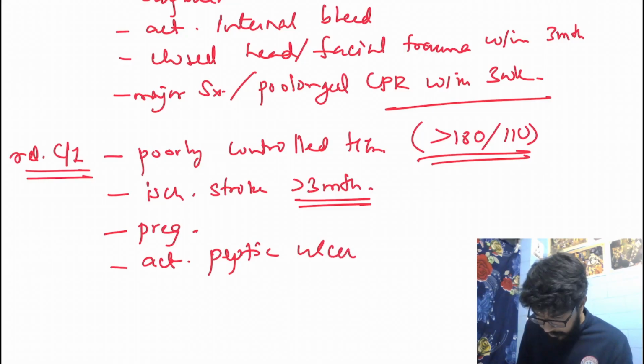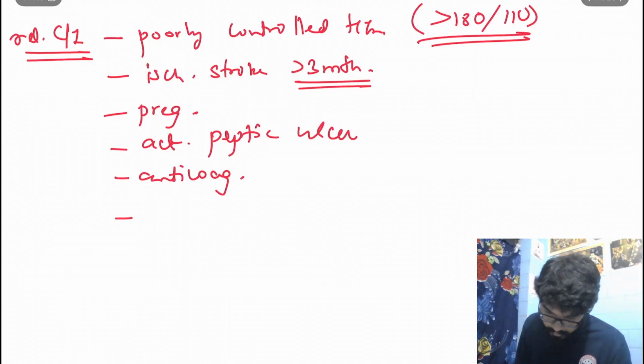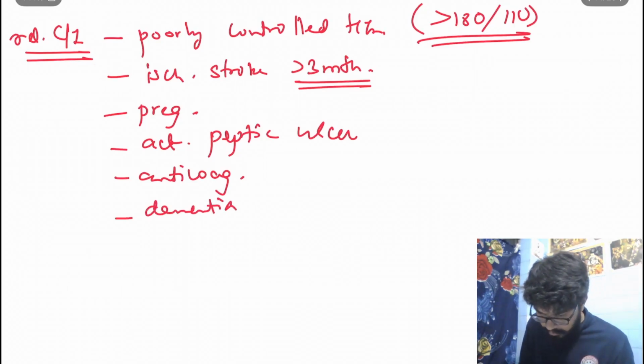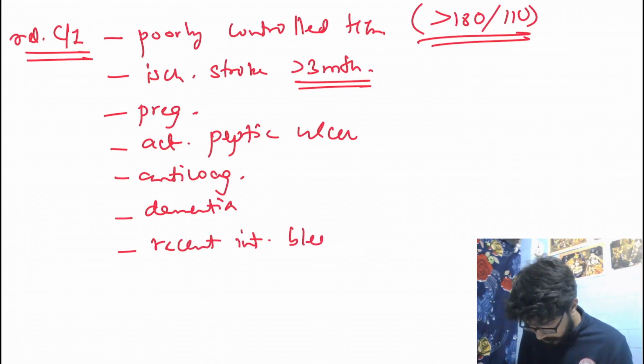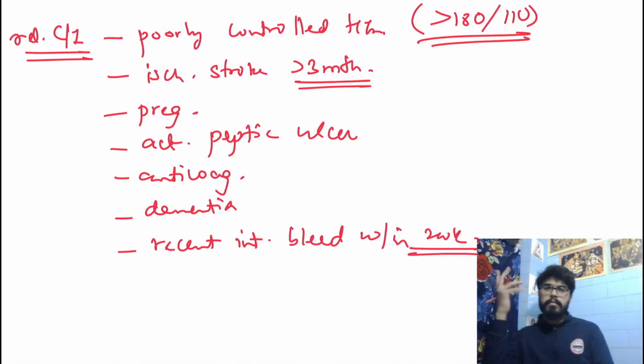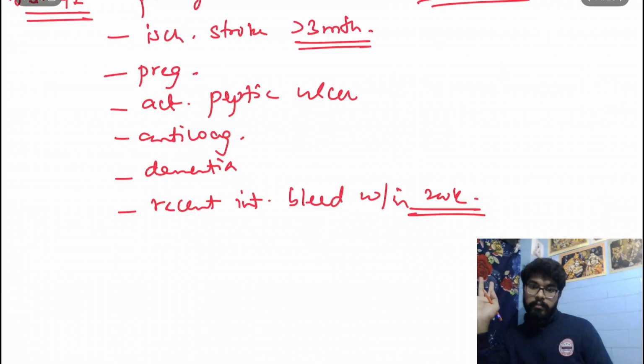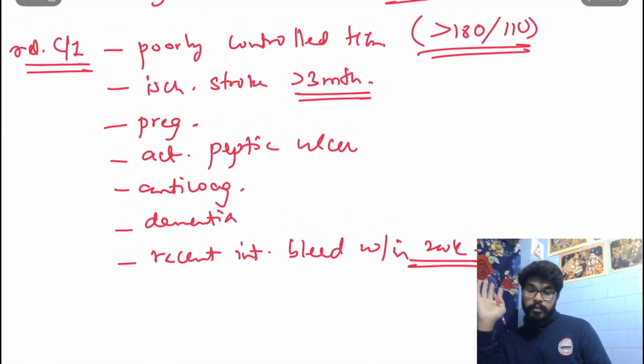Peptic ulcer is a relative contraindication. Use of anticoagulants is a relative contraindication. Dementia in a patient is also a relative contraindication. And recent internal bleed within 2 weeks. Sometimes even 4 weeks is considered. Okay. But not active. Active bleed is an absolute contraindication. Okay. So we need to know the absolute and the relative contraindications.